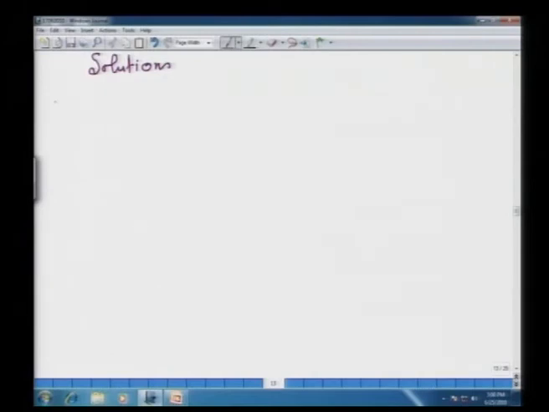See, number 1, the conversion of units, what I meant. For example, you have to convert to CGS units. You are given R equal to 82.0578 in centimeter cube atmosphere gram mole degree Celsius.